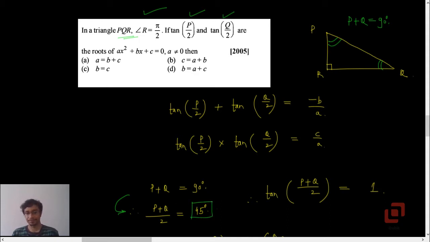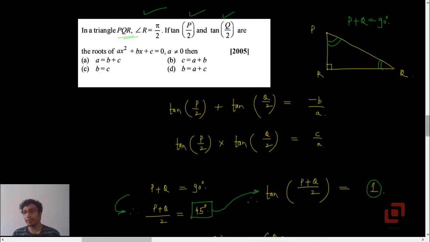And more importantly, the tan of that angle is equal to 1. Because P plus Q by 2 is 45, or pi by 4, and tan pi by 4 is equal to 1. And this gets us to the correct step.